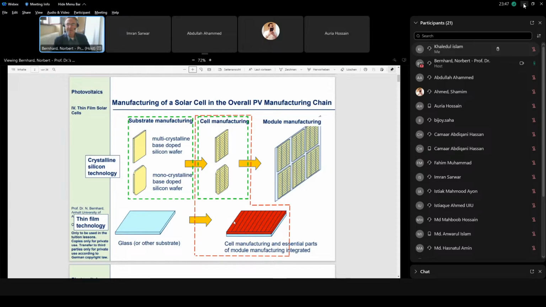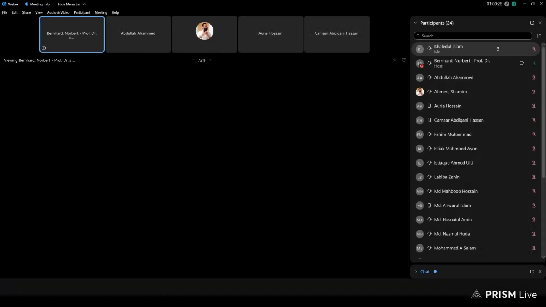We need a load lock. Then we have here, in principle, the evaporation chamber, and we have again a load lock, which makes the transition from the high vacuum back to the atmosphere. There's a second process, which is just sequential sputtering.